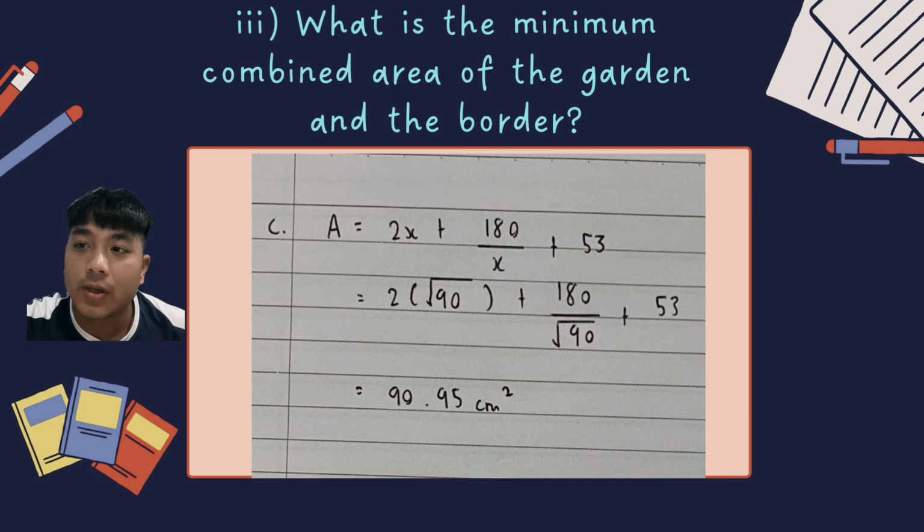So that will be 2 square root 90 plus 180 per square root 90 plus 53. So the answer is 90.95 cm square. So the answer of the minimum combined area of the garden and the border is 90.95 cm square.